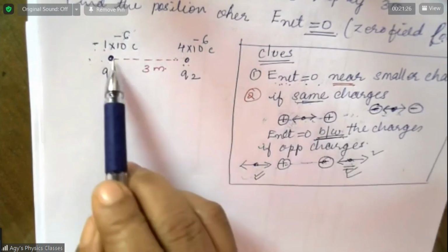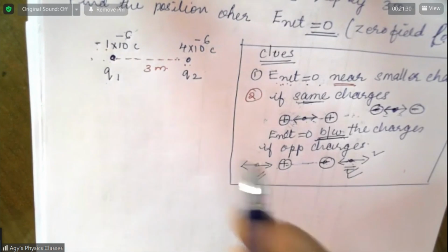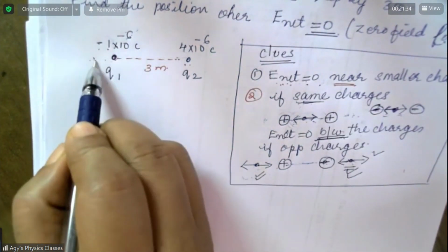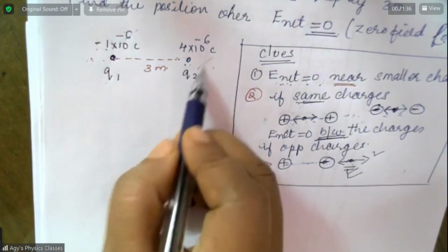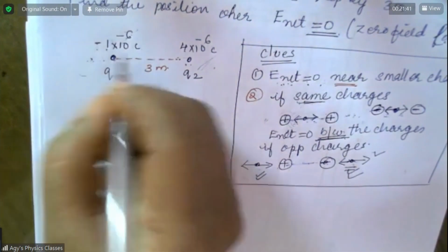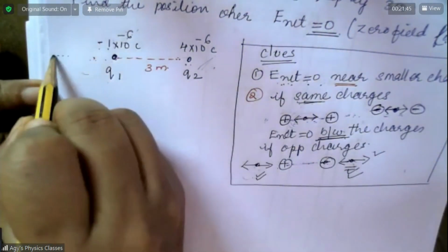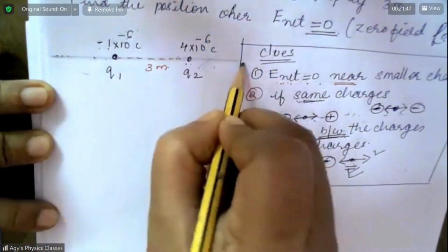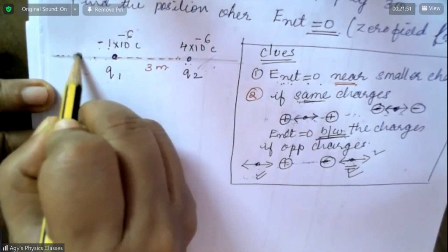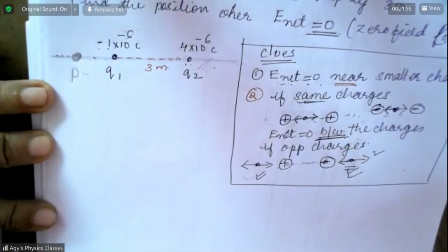So it is not in between. Therefore, it will be outside and it will be closer to the small one. You don't have to look over here. You can find a point and again which way? In this line, somewhere in this line, near outside this point. Let this be the point where electric field is zero.